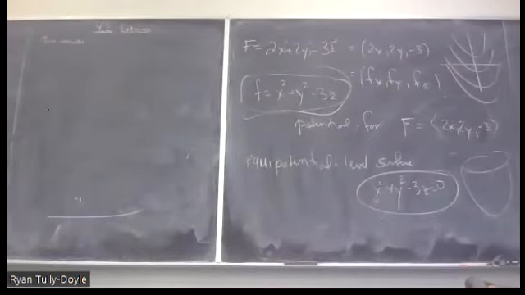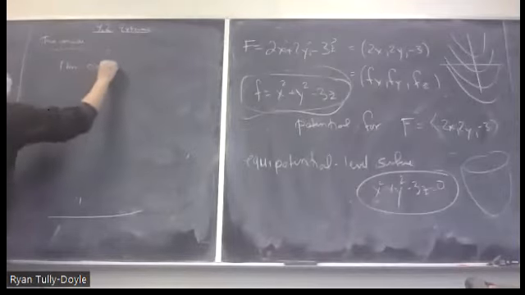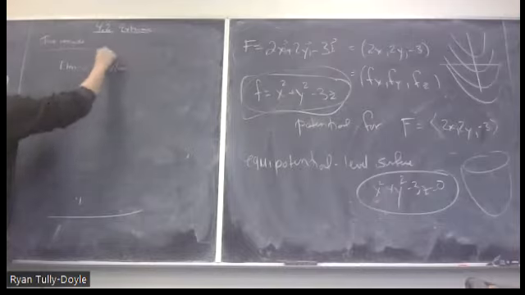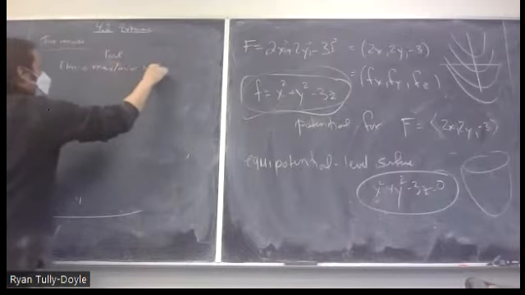What I pointed out about extrema was that you learned a theorem when you did 241 or wherever you took your multivariable calculus, that says local maxes and mins happen at critical points.